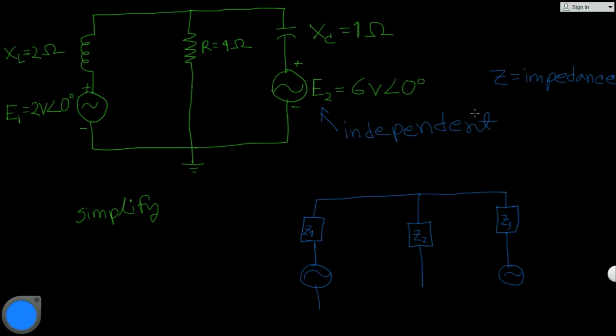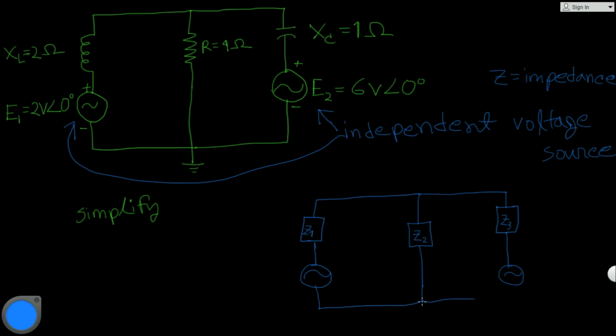And remember, these are independent voltage sources. We are analyzing an independent voltage source circuit. And the polarities should be the same as the source.